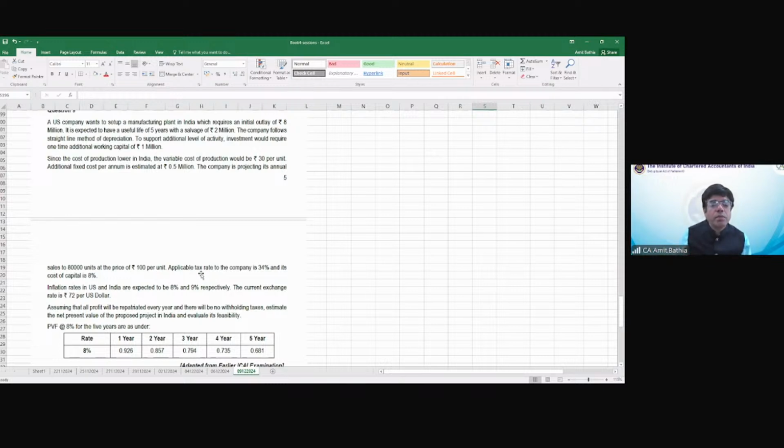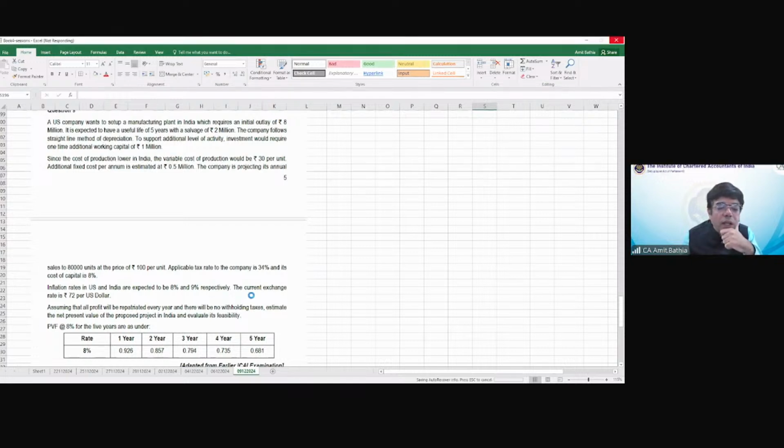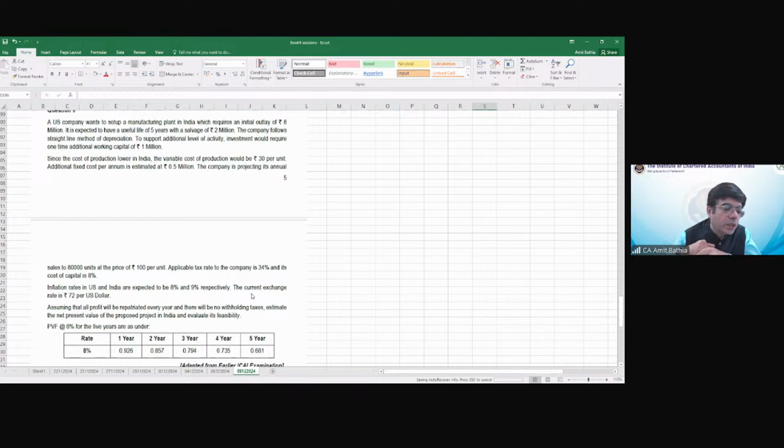Applicable tax rate to the company is 34% and its cost of capital is 8%. Inflation rates in US and India are expected to be 8% and 9% respectively. The current exchange rate is rupees 72 per US dollar.